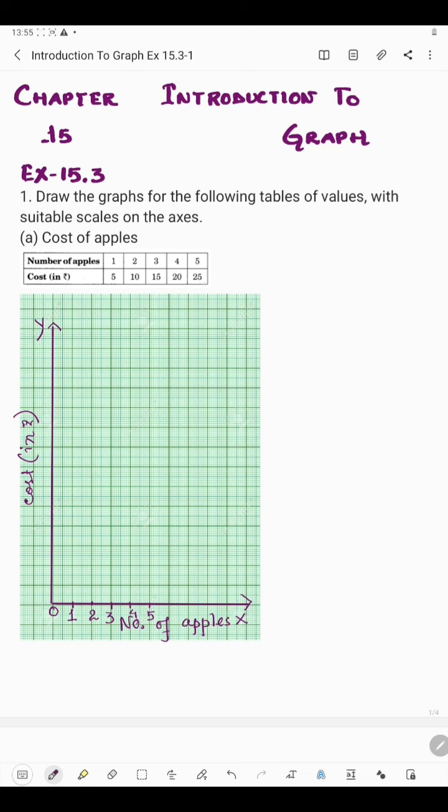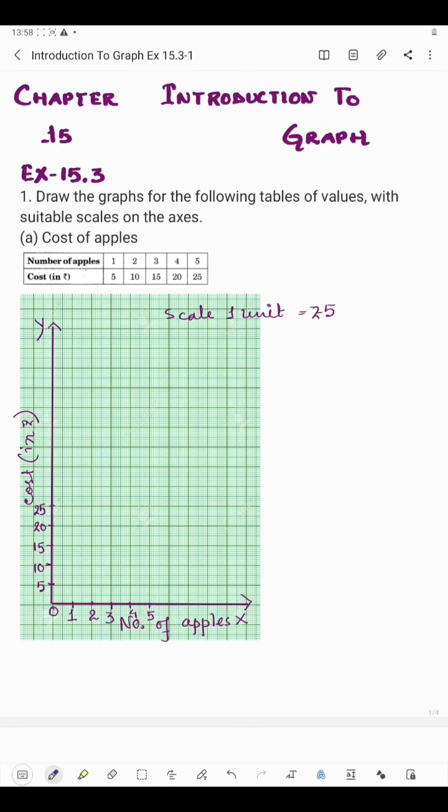So if you take 1 unit equal to 5, that means on the y-axis 5, 10, 15. See, all the values are multiples of 5. So here 1 unit we have taken as 5 rupees. 5, 10, 15, 20, 25. Till 25 is given. So here the scale we have taken is 1 unit equals rupees 5.